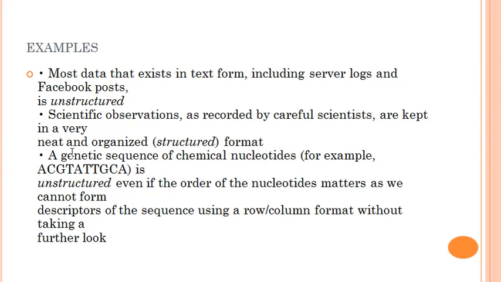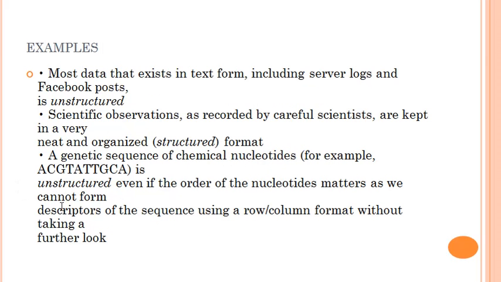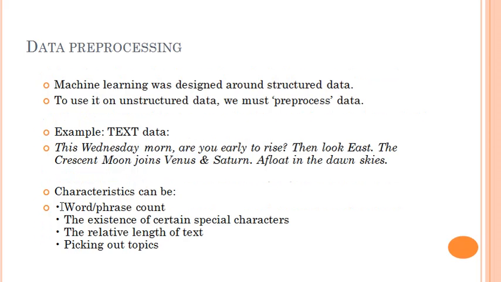Initially, by looking at a visual observation of this sequence, we cannot have a clear understanding, so most such sequences are put in row-column format only after a further look. Most unstructured data, which is not in a very good structure or format, usually requires some pre-processing before we process it further through algorithms, and this is called data pre-processing.